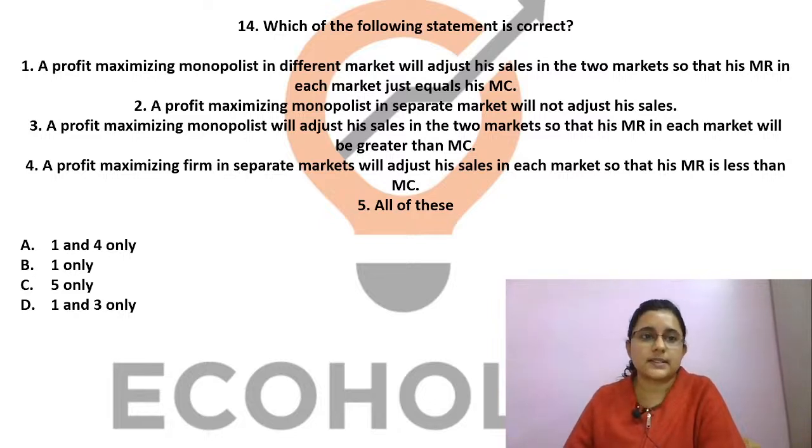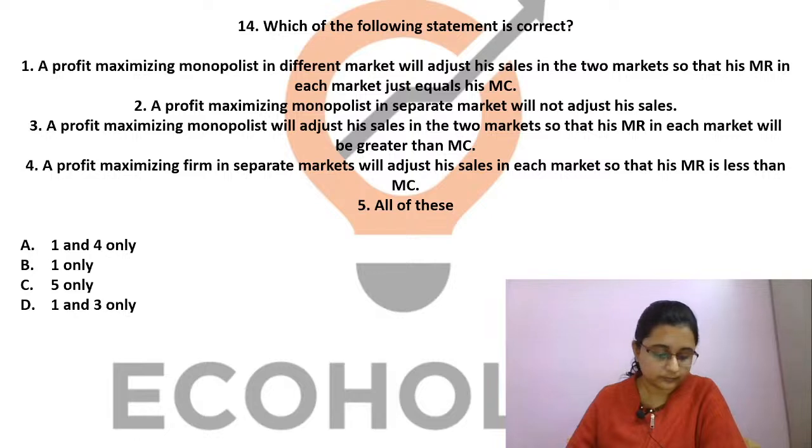Which of the following statements is correct? A profit maximizing monopolist in different markets will adjust his sales in the two markets so that his MR in each market is equal to his MC. A profit maximizing monopolist in separate markets will not adjust his sales. A profit maximizing monopolist will adjust his sales in the two markets so that his MR in each market will be greater than MC. And the profit maximizing firm in separate markets will adjust his sales in each market so that his MR is less than MC, or number D, all of the above.